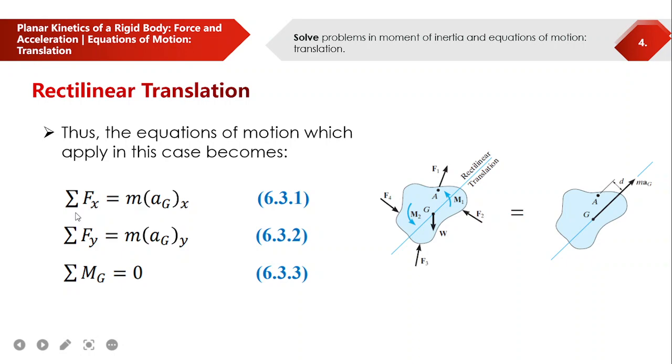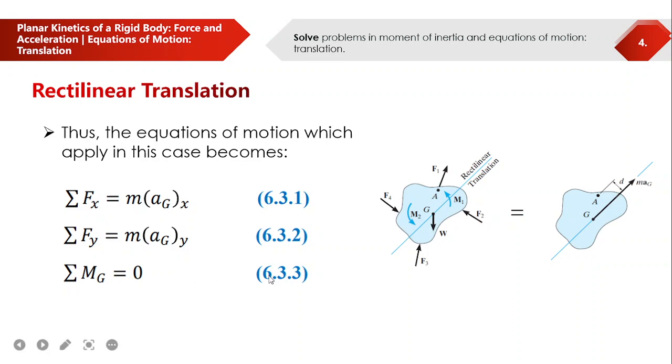Okay? So this is the longest derivation we did, where we derived many equations and just lead to our rectilinear translation, because most of the problems in real life situations are mostly rectilinear.